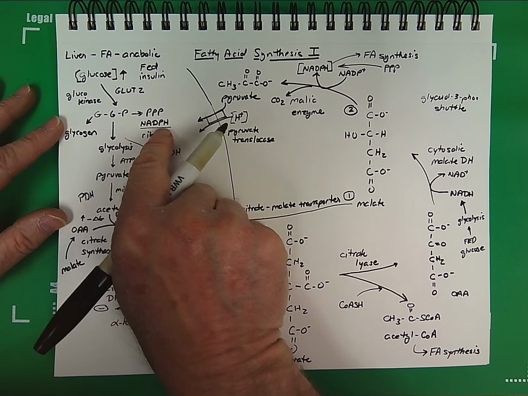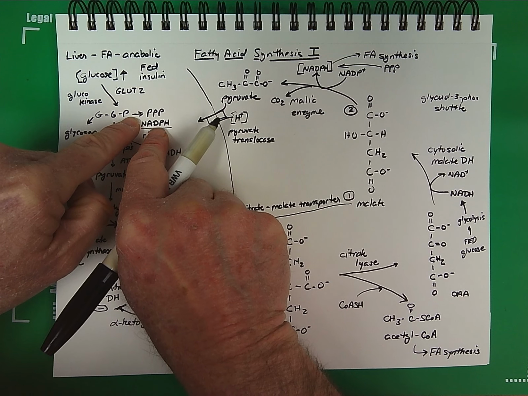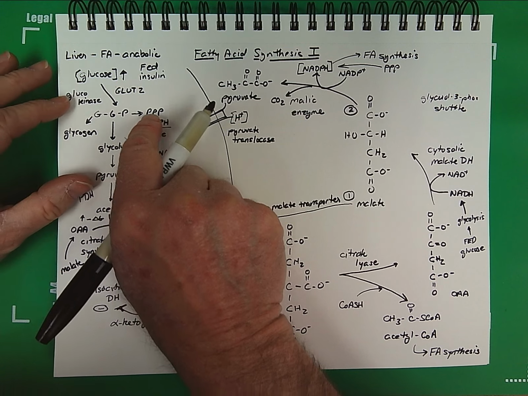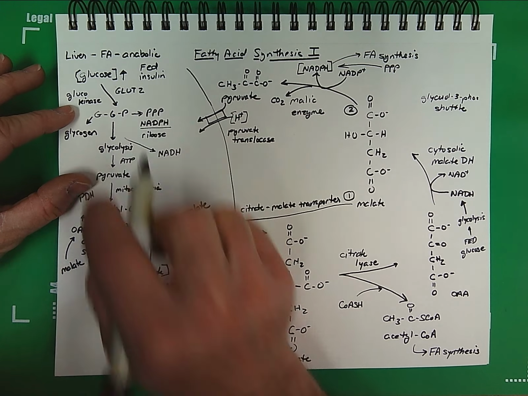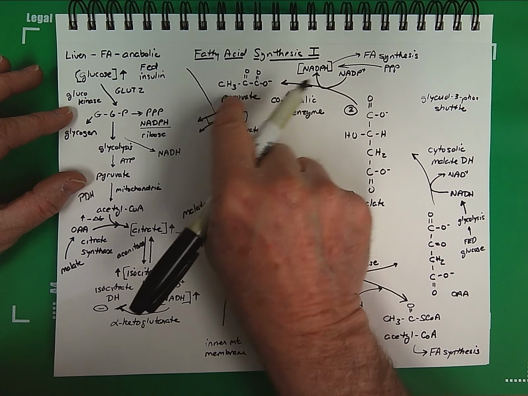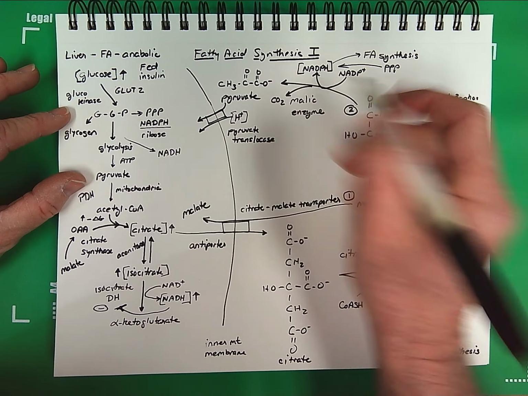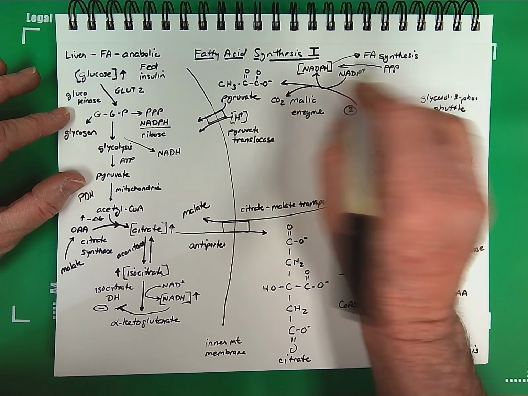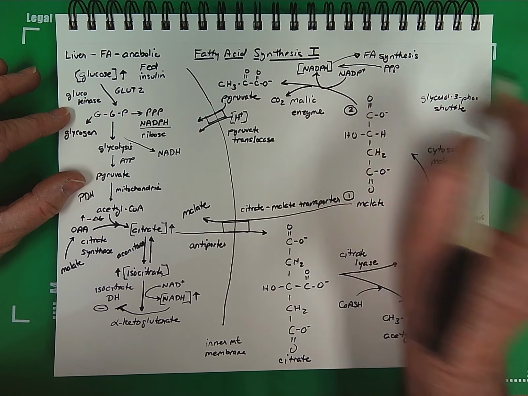Back up here, our first reaction is the glucose 6-phosphate dehydrogenase to generate NADPH. This pentose phosphate pathway is the major producer of NADPH. The malic enzyme bypass is a secondary source of NADPH because so much of it is going to be used in fatty acid synthesis. We want to make sure that we are not limited by this reducing power to generate the fatty acids.